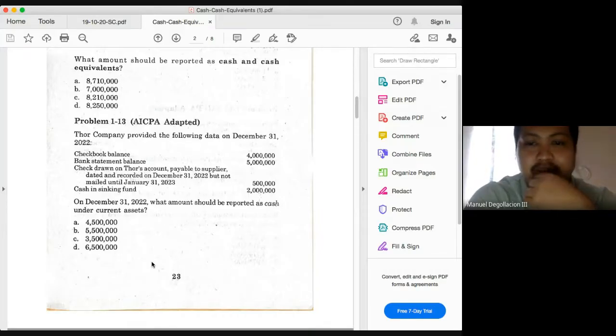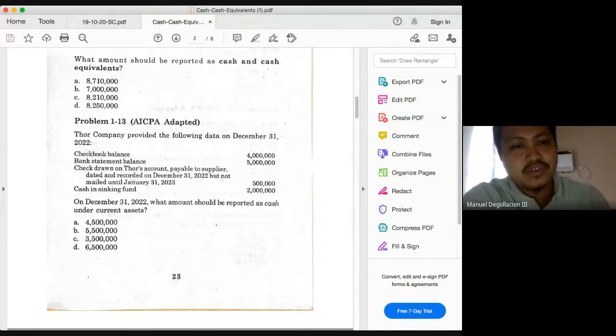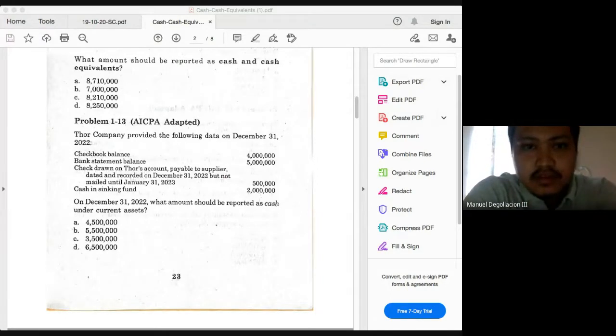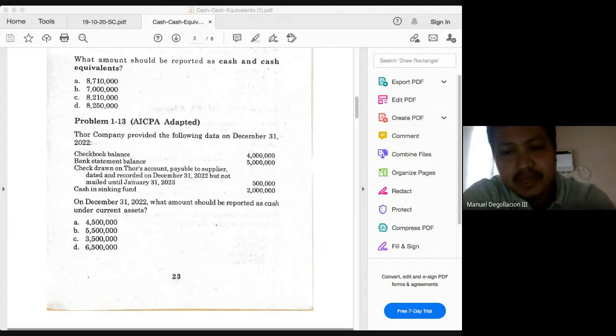Okay, ideally, the checkbook balance and the bank statement balance should show or should have the same balance, because again they represent balance of the same item. Okay, it's just that one is being prepared by the entity and the other is prepared by the bank.